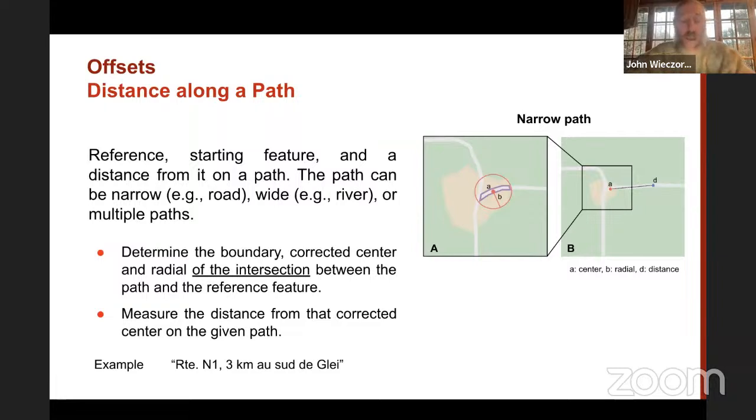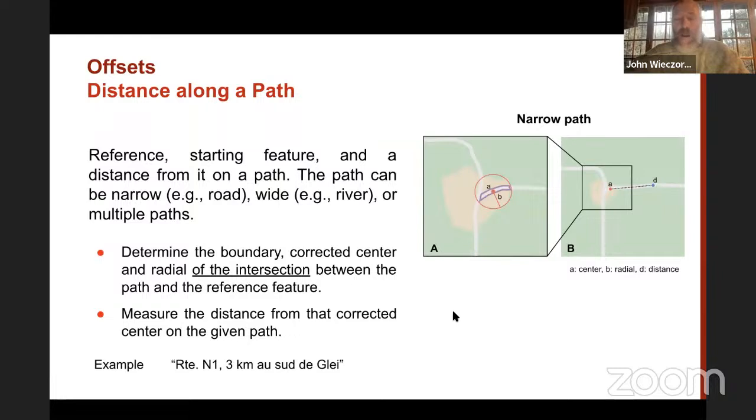So that's great. We have a starting place, which is the place called Gle. We have a distance to go, and we have a path to follow. So our recipes tell us how to decide where exactly to begin in the intersection between the place Gle and the route N1, and then how to figure out how far to go.